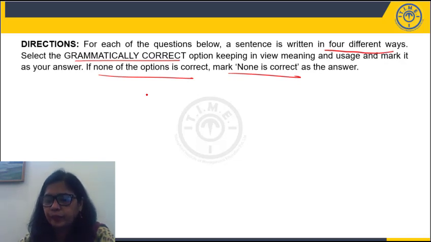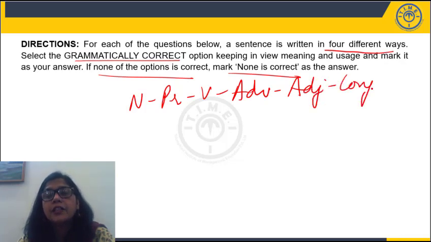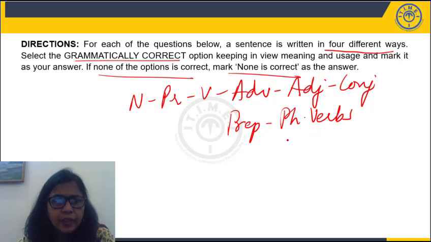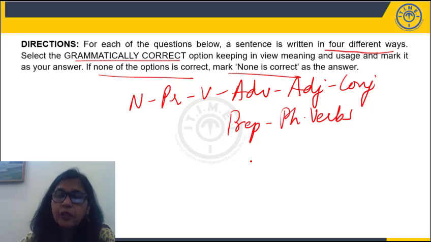All the rules related to various parts of speech, right from nouns to pronouns to verbs, adverbs, adjectives, conjunctions, prepositions, phrasal verbs, idioms. So revise everything, all the rules. You must have attended classes and made your notes. Go through your notes, go through the handouts that you've done, go through the practice exercises and the theory part. Fine? Okay, now let's start.